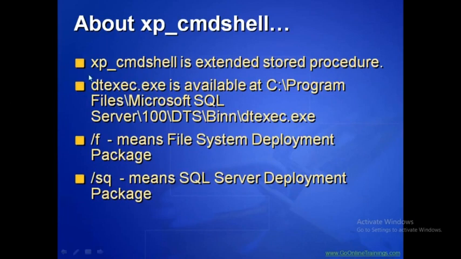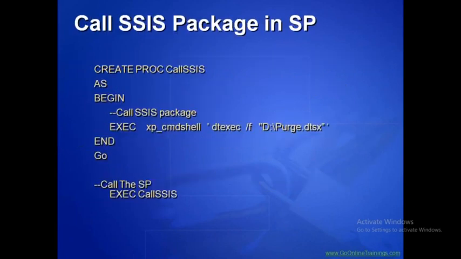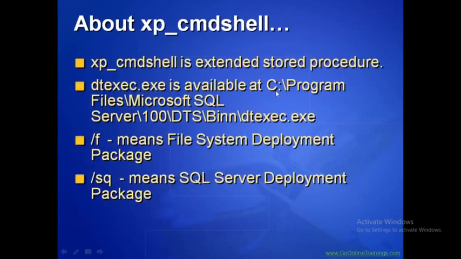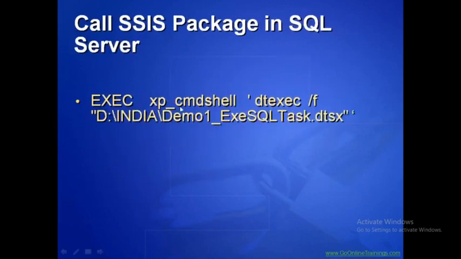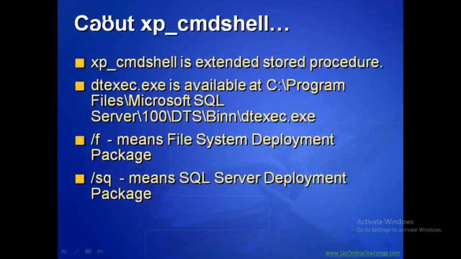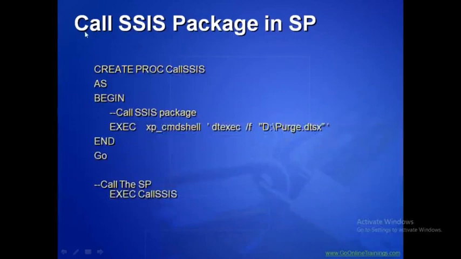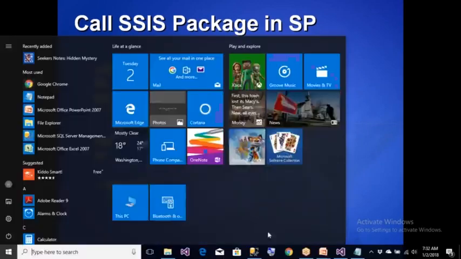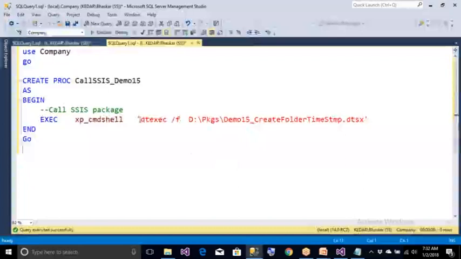Clear? So why are we using xp_cmdshell, which is an extended stored procedure? Because this DTExec is available in this path. Where is this path? This. But where are you currently? You are in SQL Server, right? So when you execute this command, you're creating the stored proc and you're in the SQL Server, right? But this application is available in the C drive.